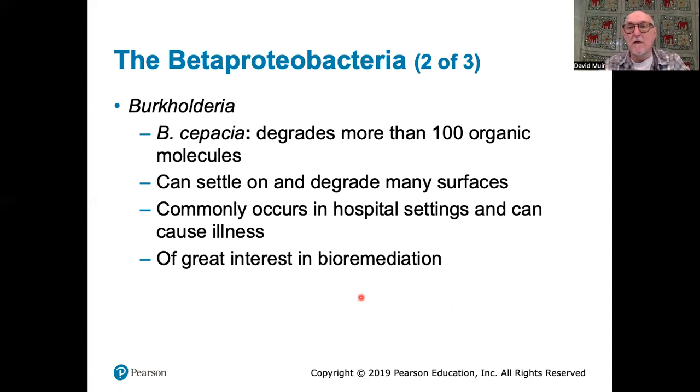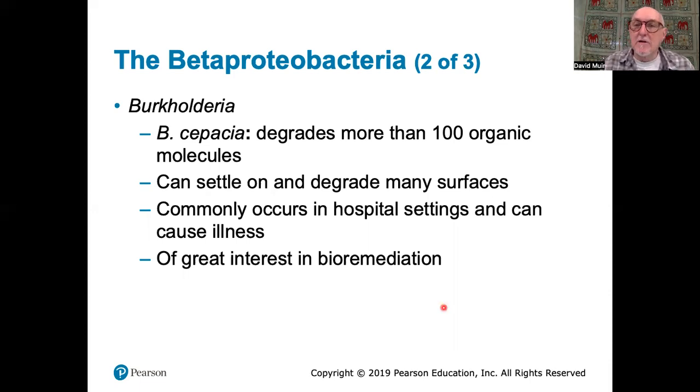And unfortunately, it colonizes things like polyethylene tubing; all of these kinds of artificial substrates can be colonized and degraded by Burkholderia. And in doing so, it often acts as a nosocomial infectious agent. A nosocomial infection is one acquired from a healthcare setting. And Burkholderia is one of the organisms which can colonize things like catheters very easily.